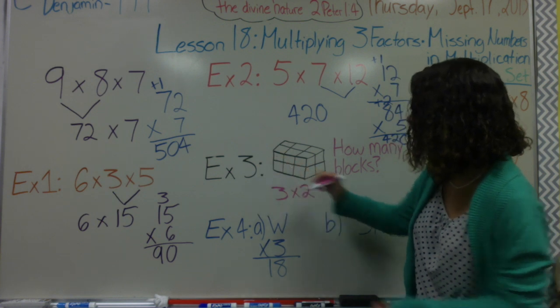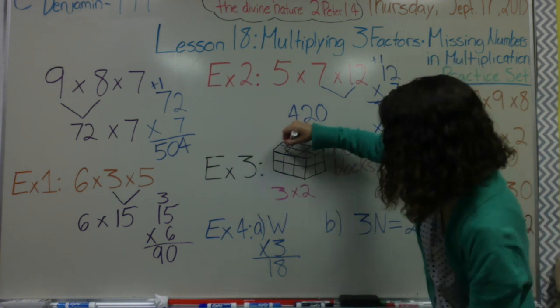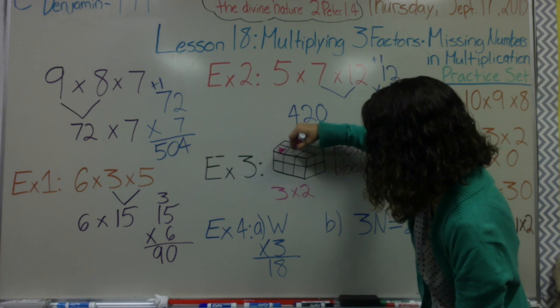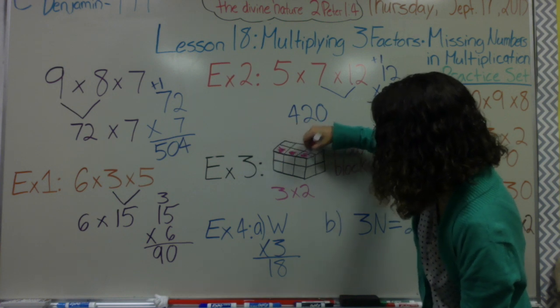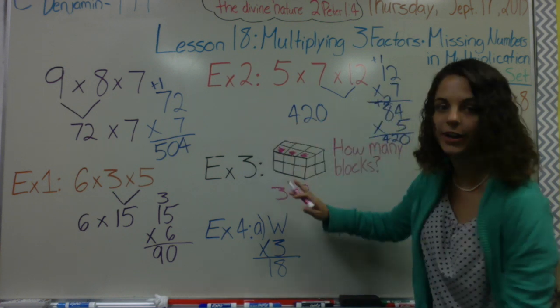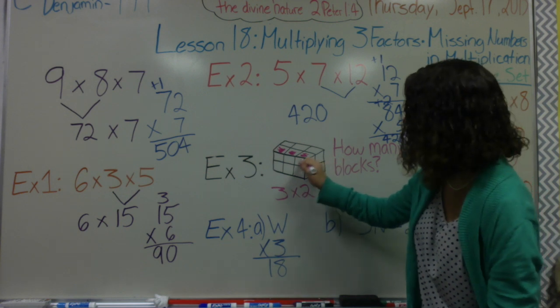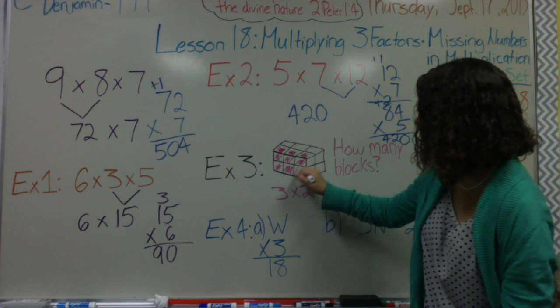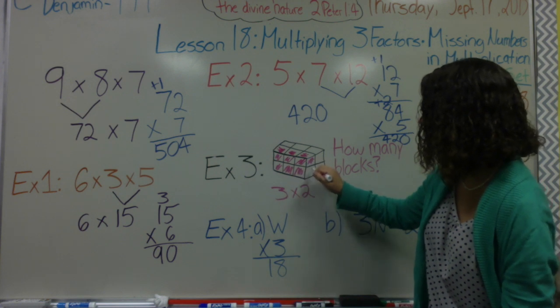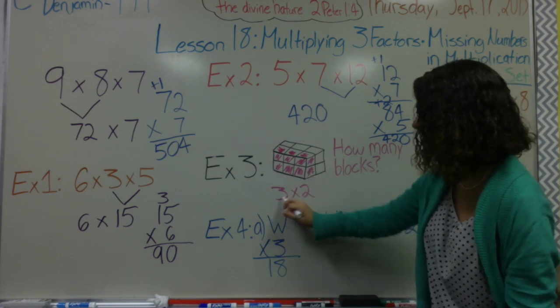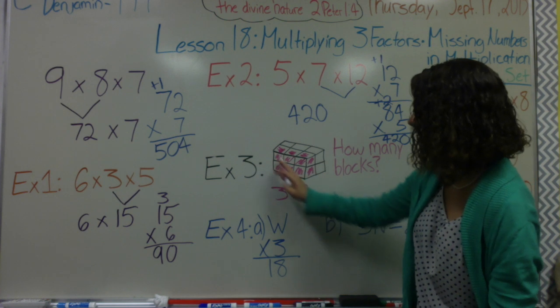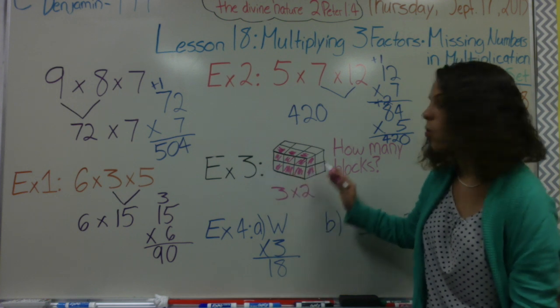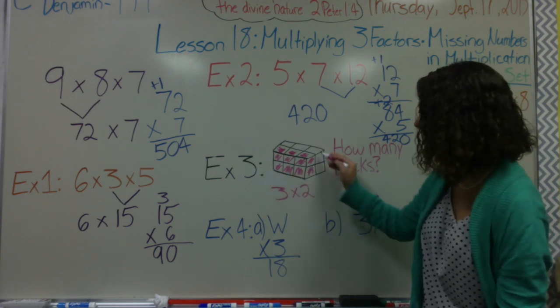Now I have 2 surfaces of these. So if I'm looking at maybe this block, and this block, I'm looking at this whole front side of the solid. So these are the blocks I've already considered, I've already counted. If I do 3 times 2, that's finding this side. However, I have a whole other layer added to it.